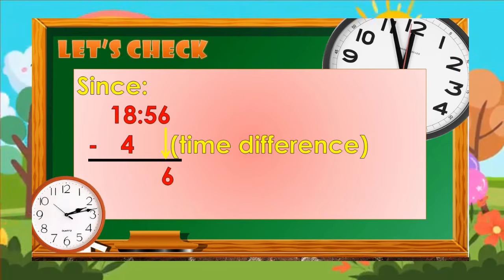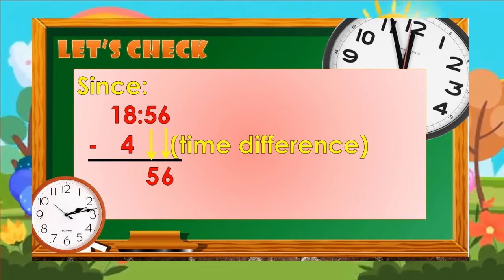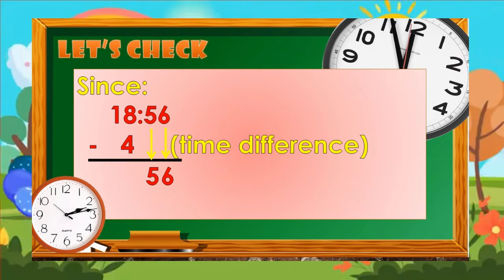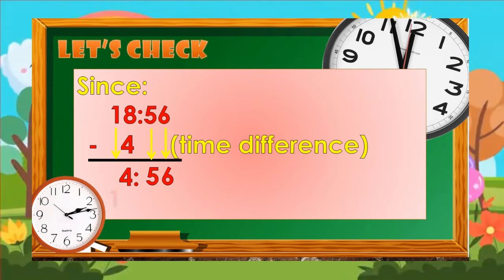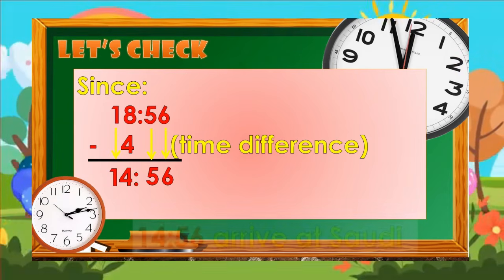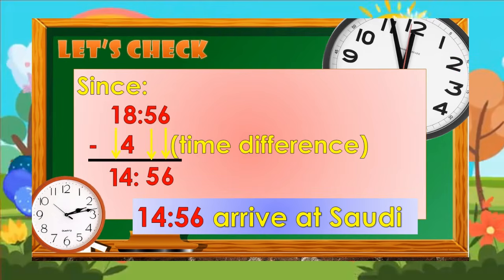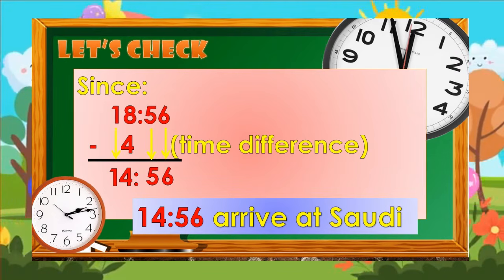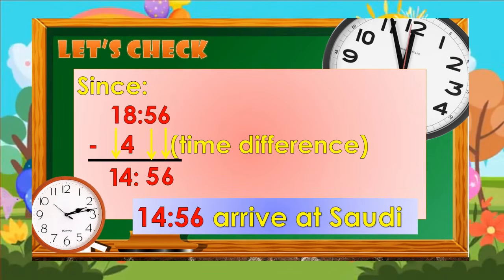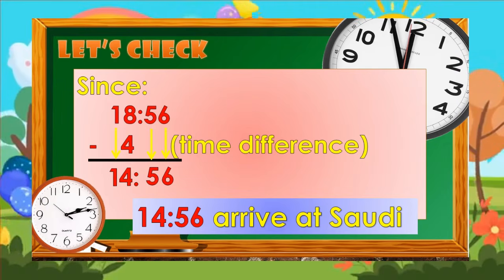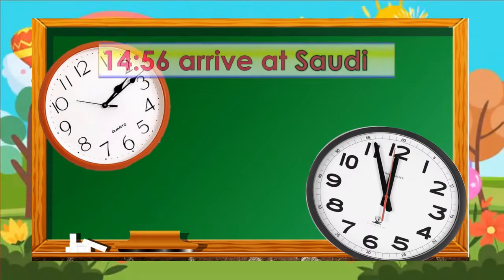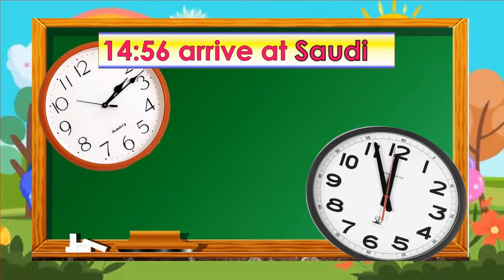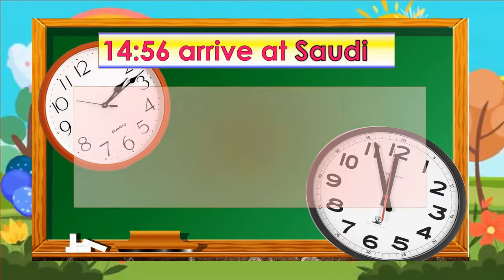Now we will bring down 6 and then 5. 8 minus 4 is equal to 4, and then bring down 1. So the answer is 1456 hours. So by 1456 hours, John will arrive at Saudi.